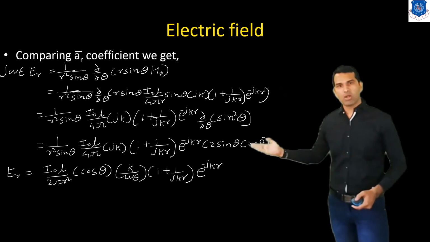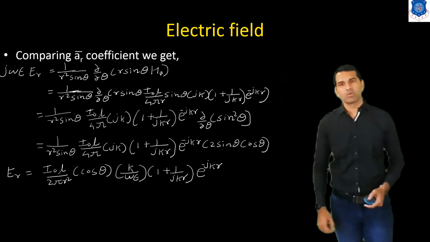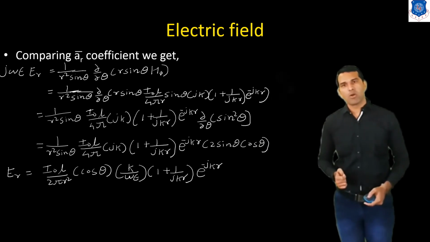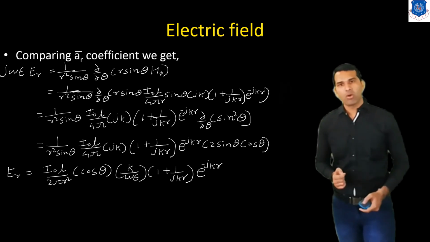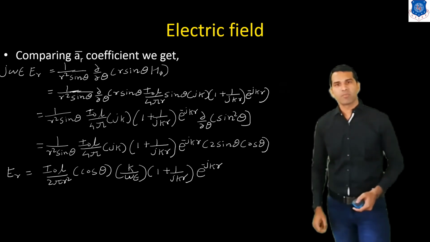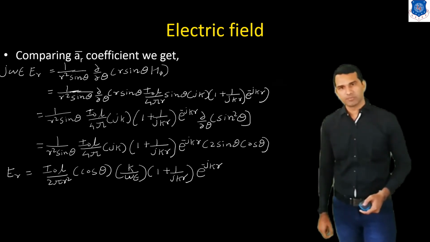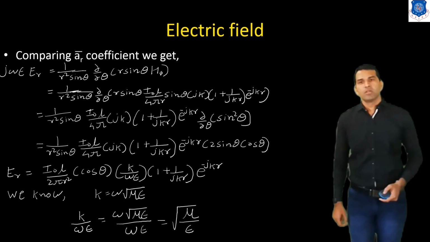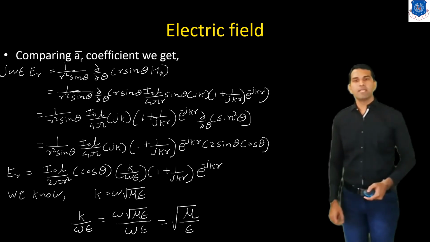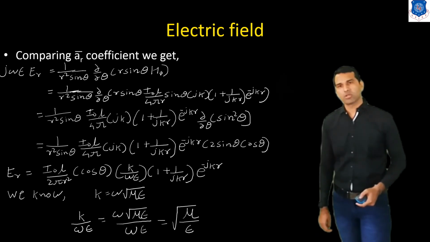So when we solve this equation, we get the electric field component E_r equal to I0 L upon 2 pi r squared, cos theta, k upon omega epsilon, 1 plus 1 upon jkr, e raised to minus jkr. Now we know k is equal to omega under root mu epsilon.